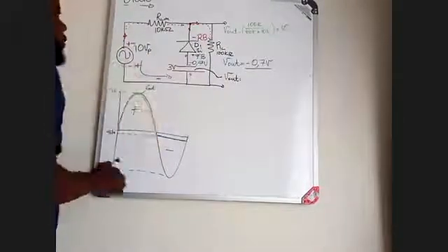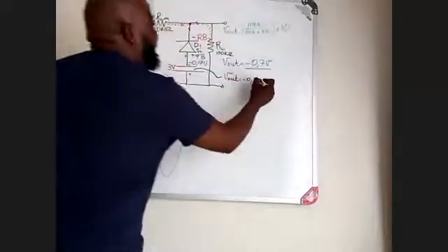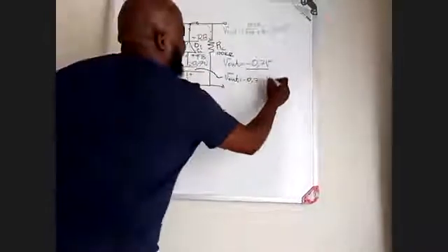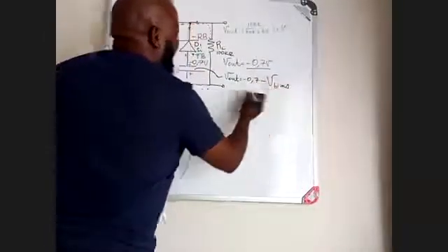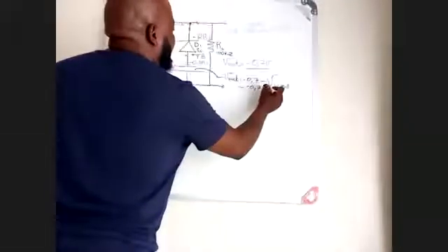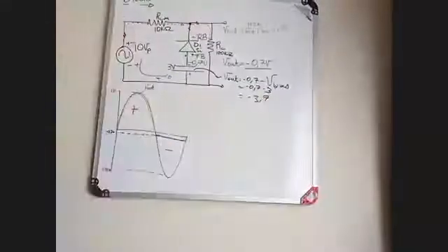To be minus 0.7. So it's going to be minus 0.7 minus V bias, which means minus 0.7 minus 3, which is minus 3.7 volts.